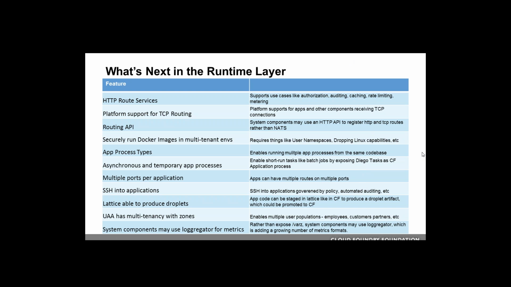The CAPI team is working on application process types, which enables running multiple app processes from the same code base. If you think of it like different start commands on the same code base, you might have a runner or a web process or a worker process and a cron job, all using the same code base.